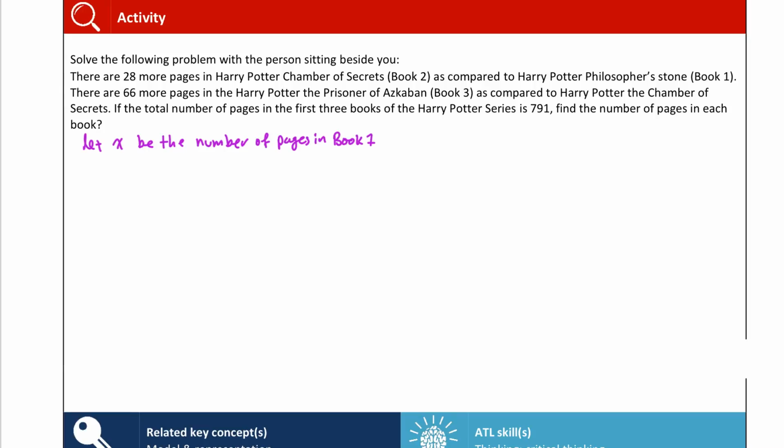So we can say let x plus 28 be the number of pages in book 2. And the third book actually has 66 more pages than book 2, and book 2 has x plus 28 pages, so I can write that x plus 28 plus 66 be the number of pages in book 3.